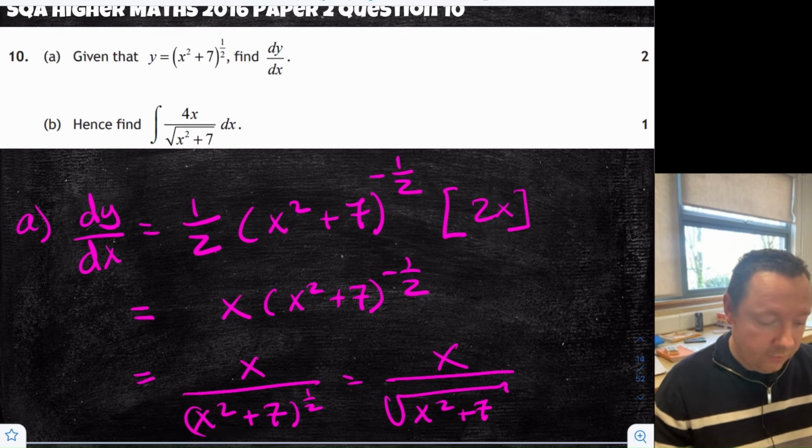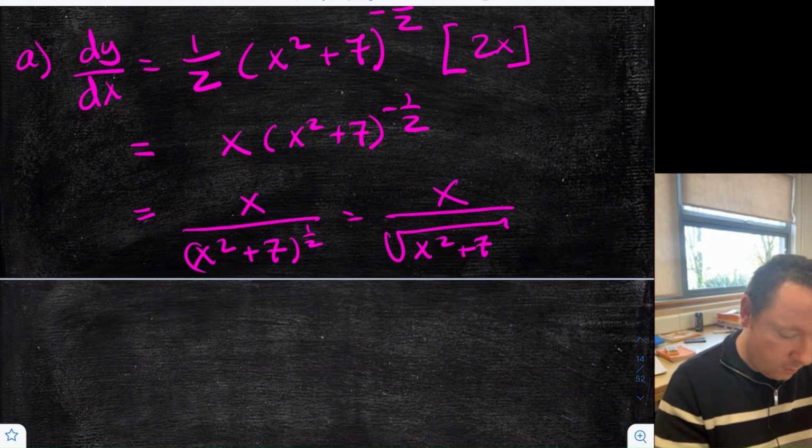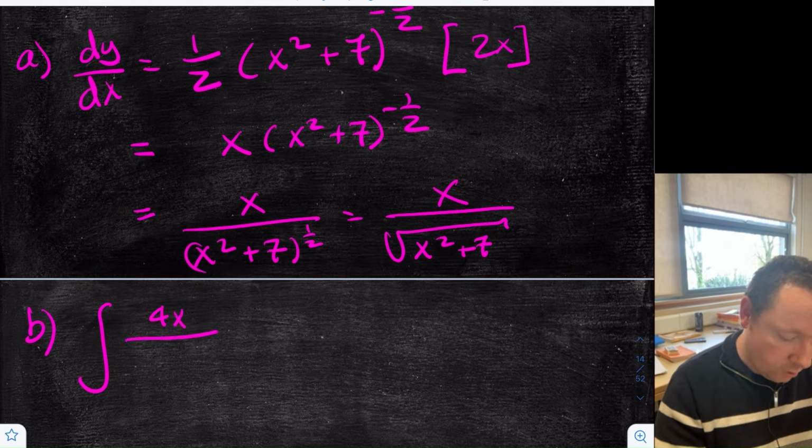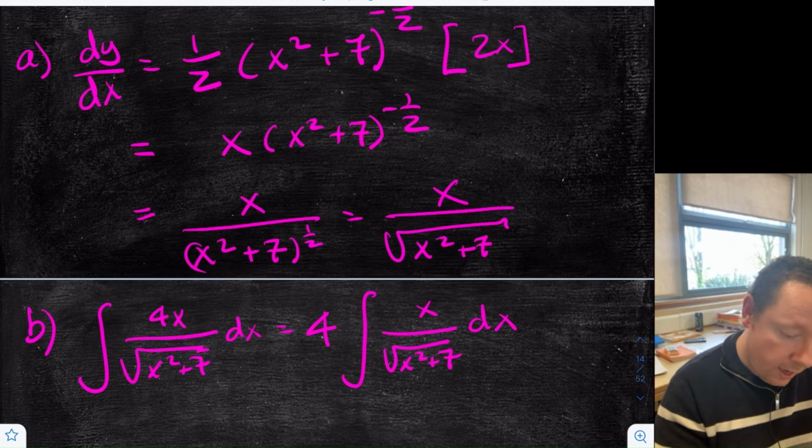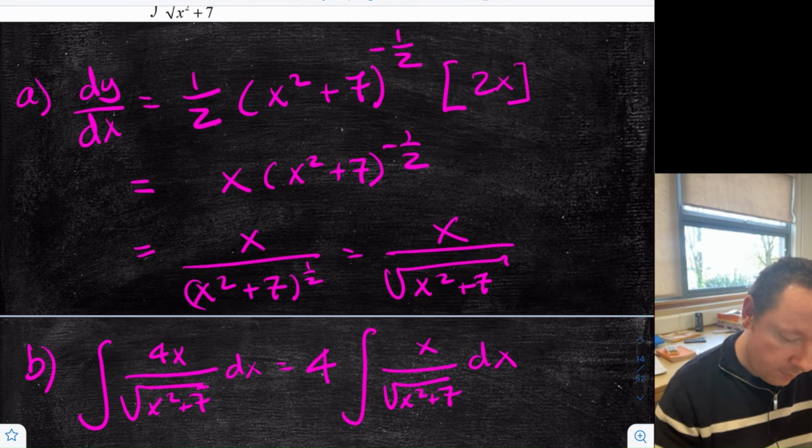Part B says integrate 4x over the square root of x squared plus 7, which is very similar. So if I do part B, integrate 4x over the square root of x squared plus 7 dx, well, if I just take that 4 out, I get the integral of x over the square root of x squared plus 7 dx, which I already know is exactly the same as what I found up here, my differential.